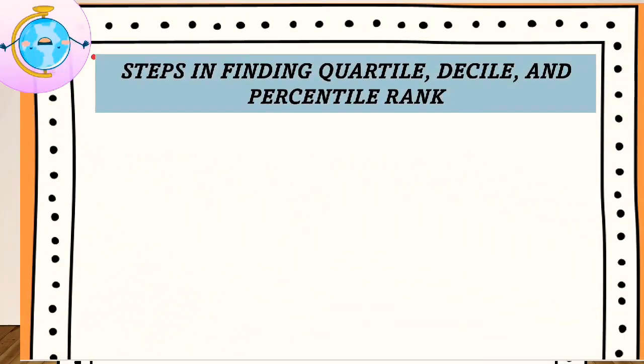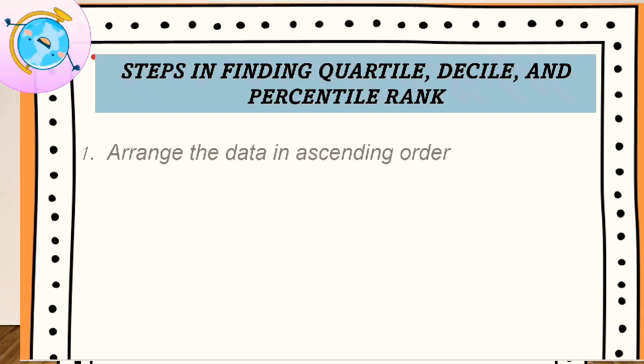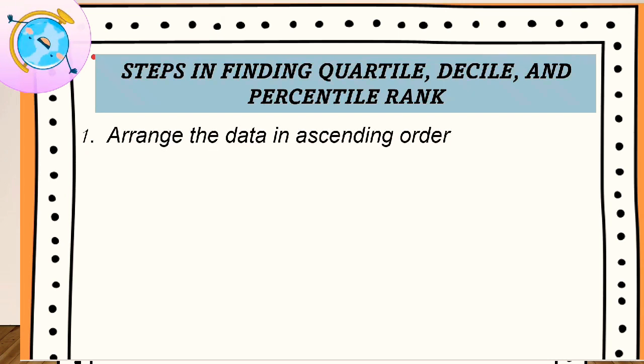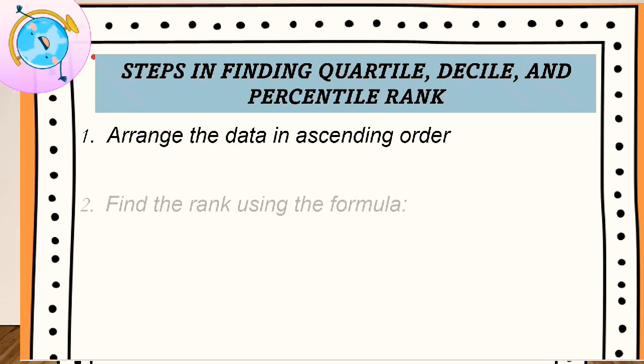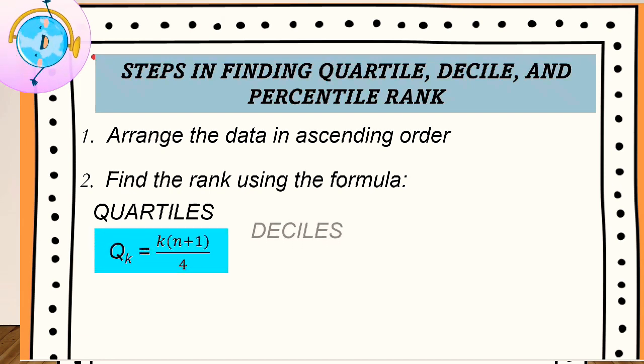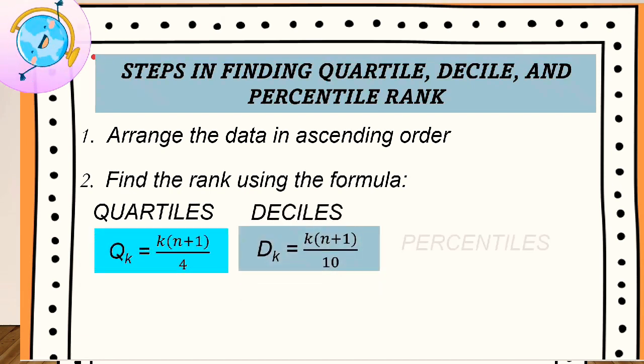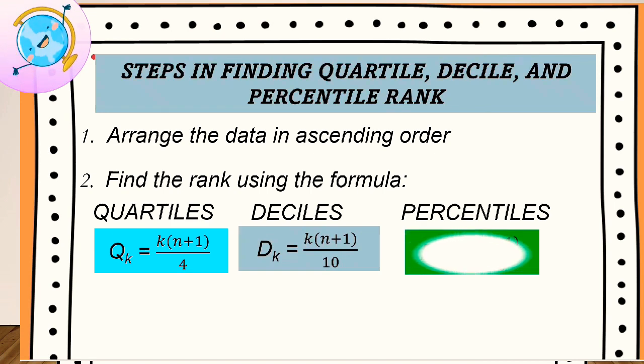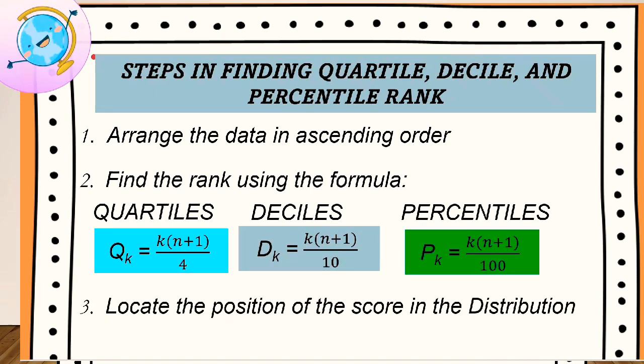Let us take a look at the following steps in finding quartile, decile, and percentile rank. So first, we need to arrange the data in ascending order. Number 2, find the rank using the formula for quartiles, deciles, and percentiles. And finally, locate the position of the score in the distribution.